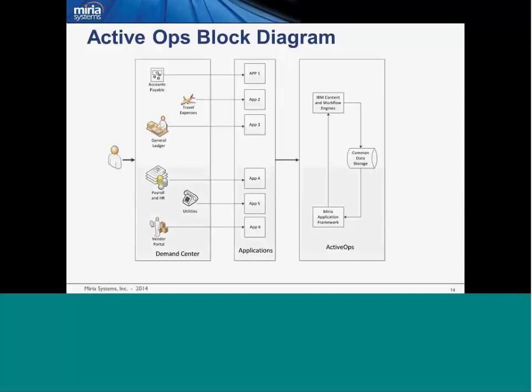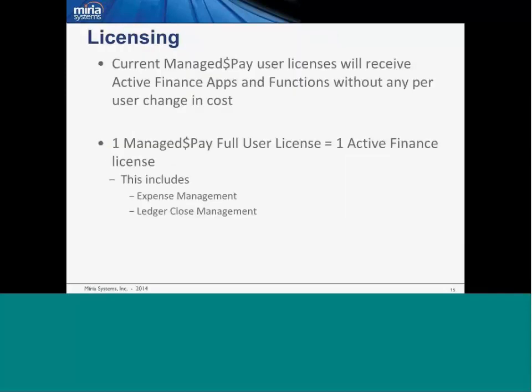And if you look in the left side of the block on this diagram, you'll see that there are different functionalities we're talking about here in terms of travel expenses and general ledger, and the way we segment that out for management and get the improved performance is just by offering those as separate applications in that application layer. For the business users on the line, you don't really need to care about this, but I think it's helpful to give you an architectural overview idea of what the changes are.